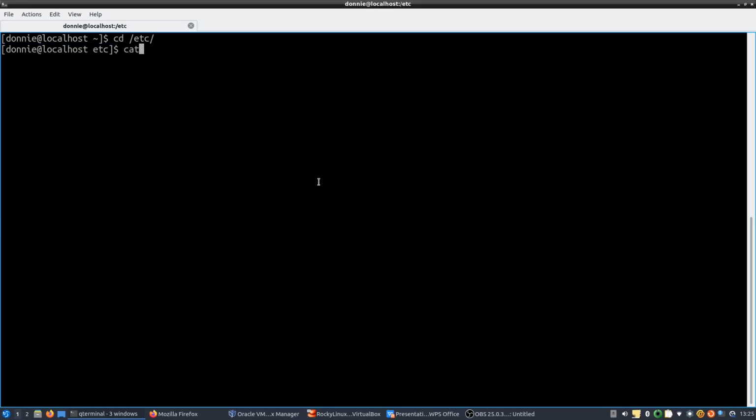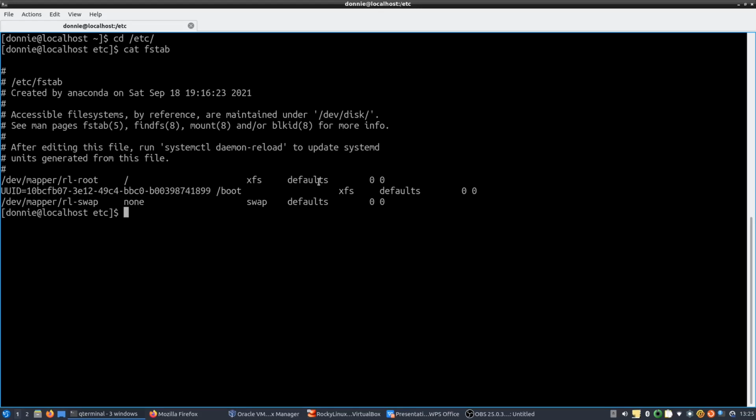So we can look at the fstab file here. Okay, so again, there's the root file system right there, formatted with XFS. And of course that is a logical volume there, dev mapper. That's a dead giveaway that it's a logical volume. UUID here for the boot partition, XFS, and of course the swap partition.